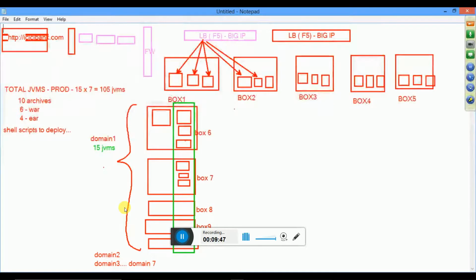Now these boxes, you won't just leave it to fate. The boxes will fail. You know the boxes will fail, and even in spite of knowing that, if you're not doing anything about it, then it's stupid. So we don't leave things like that in production.